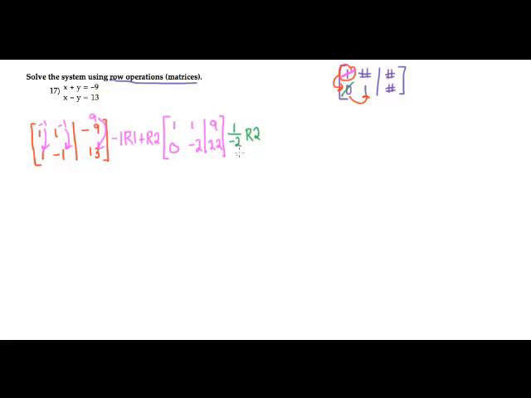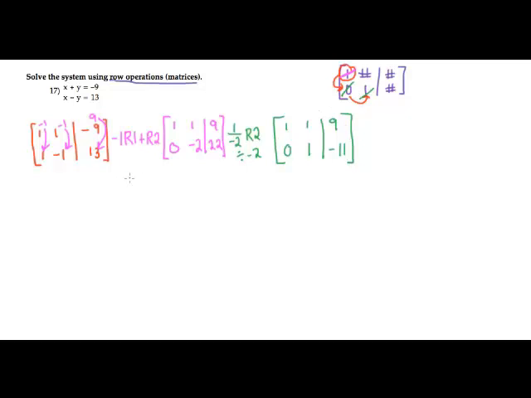Multiplying row 2 by negative 1/2 is the same thing as dividing by a negative 2, which is why this works. We get 1 here, because negative 2 divided by negative 2 is 1. We're not changing the first row, we're just changing the second row. 0 divided by negative 2 is still 0. Negative 2 divided by negative 2 is 1. 22 divided by negative 2 is negative 11. So we've got our goal.